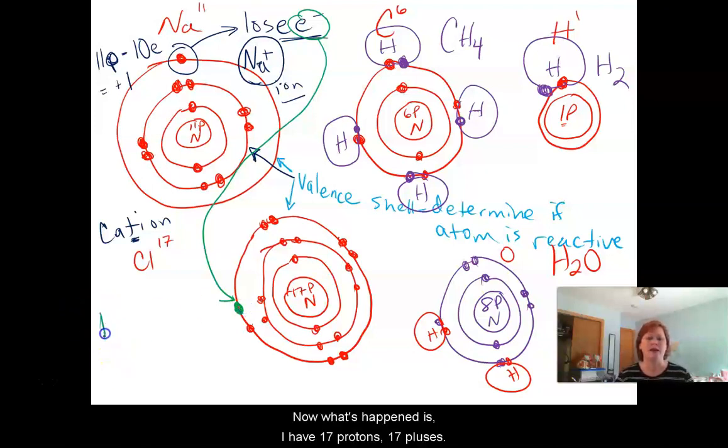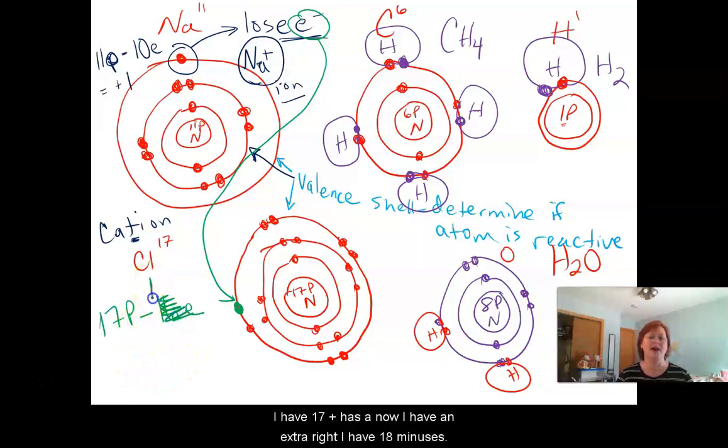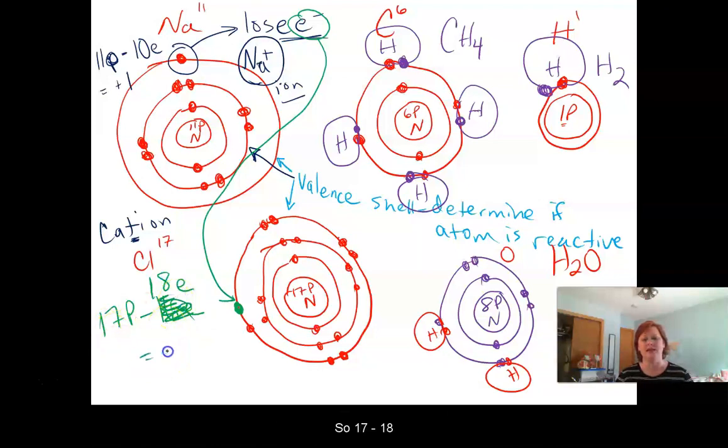Now what's happened is I have 17 protons, 17 pluses, but now I have an extra electron, so I have 18 minuses. So 17 minus 18 is -1. I have one more negative than plus. So my chloride is often found with a -1 charge, or with just a negative charge.